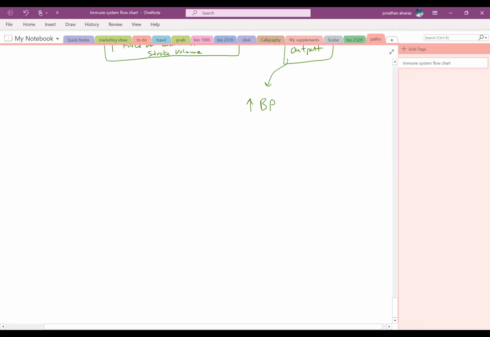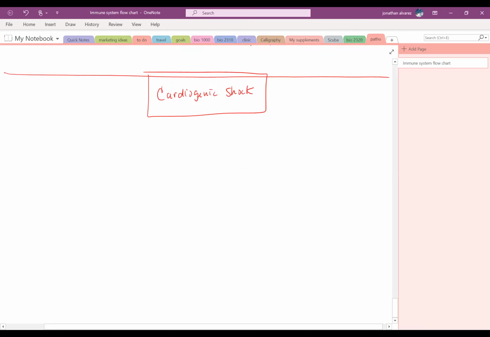Okay, cardiogenic shock. All right, things that can cause this would be the right and or left ventricular dysfunction.